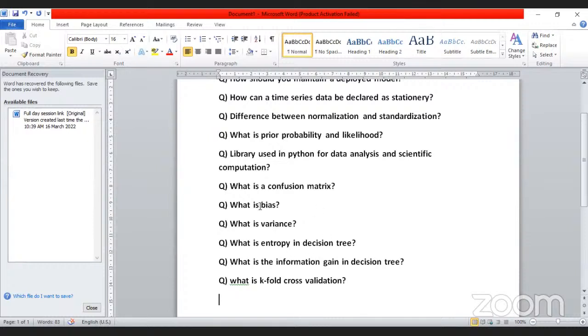Every time it takes a new part as the test data, and the other k minus 1 parts as the training data, and runs our model on that. That is k-fold cross validation. Is it clear, what is k-fold cross validation?